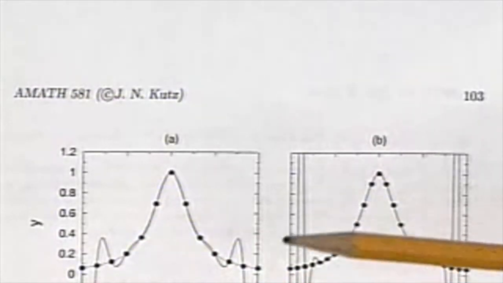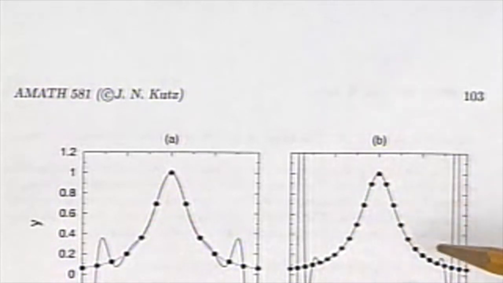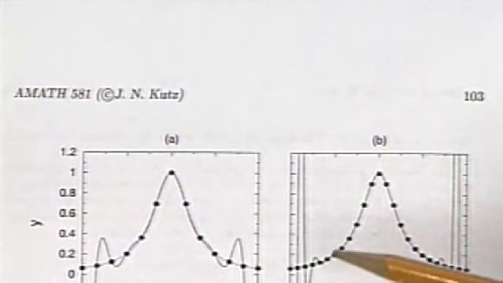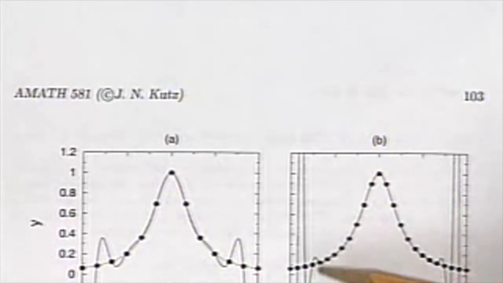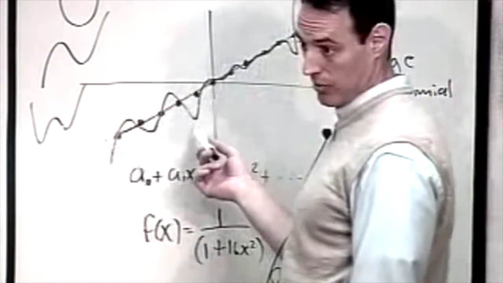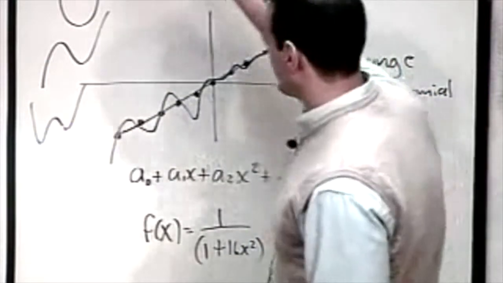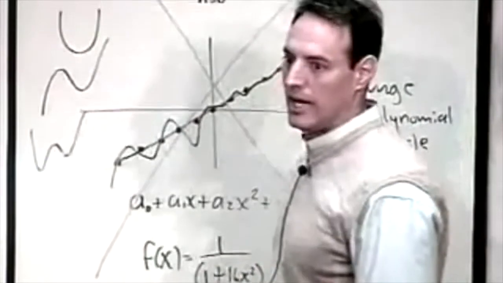It gets worse if you go to n equals 24. Again, it does a very nice job approximating the function through here in this region, but look what happens at the boundaries again. Look at these huge oscillations at the boundaries. Basically, if you use this kind of method, polynomial approximation on this kind of evenly spaced grid, absolute trash.